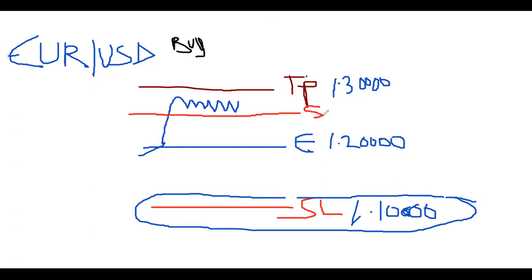So now that's your new stop loss. And because it is between 1.200 and 1.300, the value will be different. I'd say it will have a value of 1.27000.